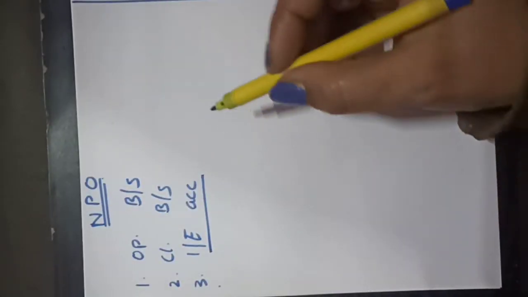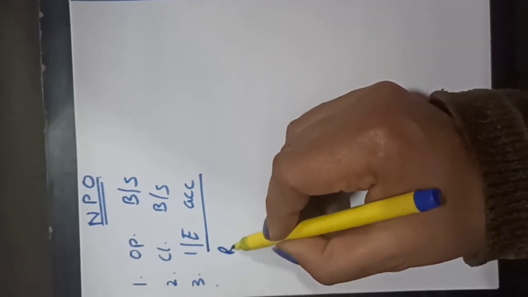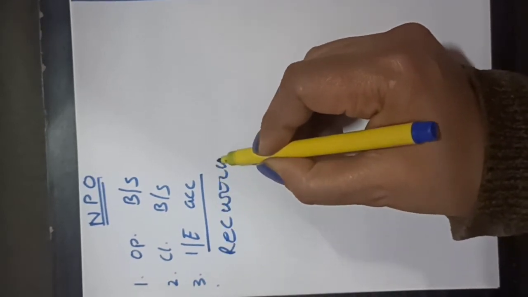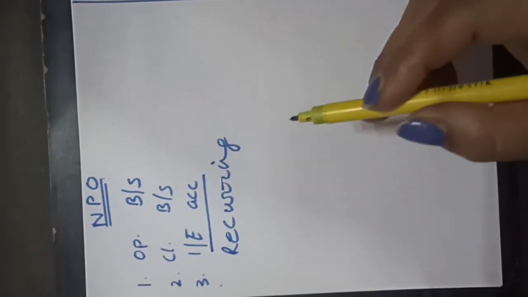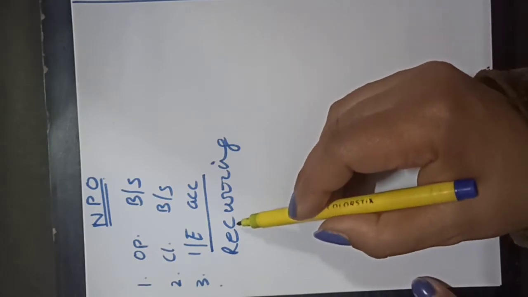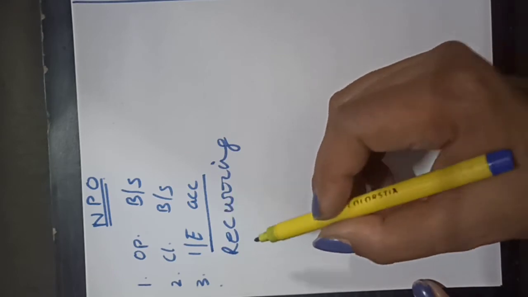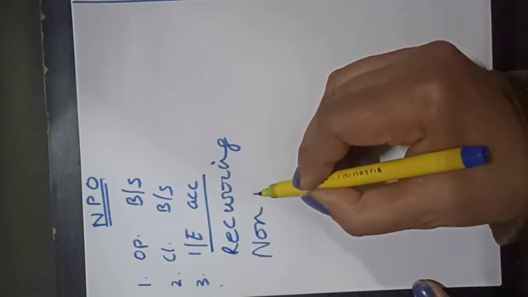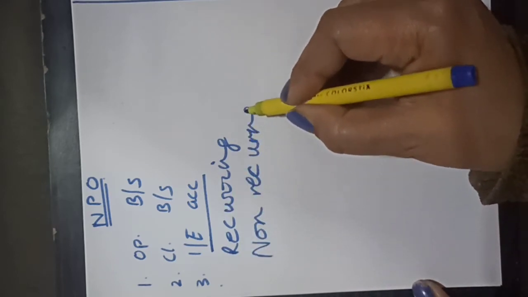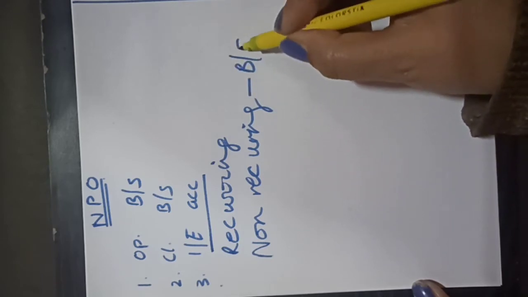In the income and expenditure account, we take only the incomes and expenditures that are recurring in nature. That means those incomes and expenditures that are one time, the non-recurring ones, will go to the balance sheet.